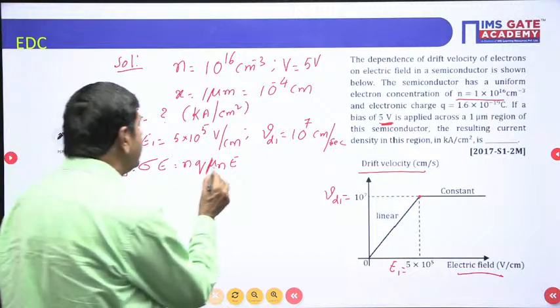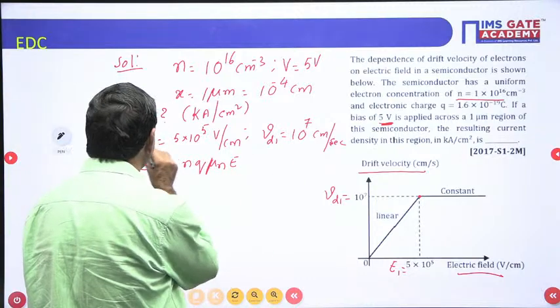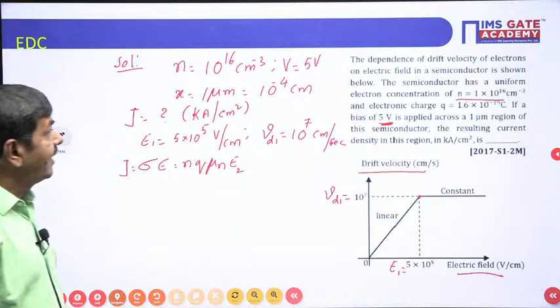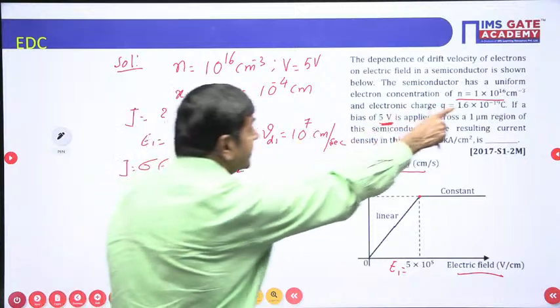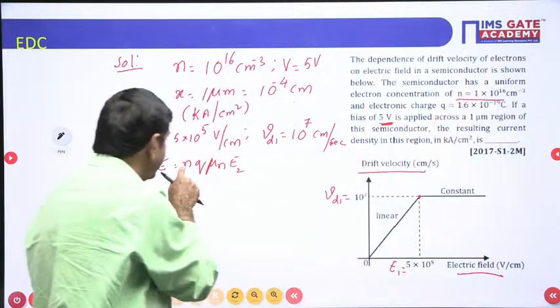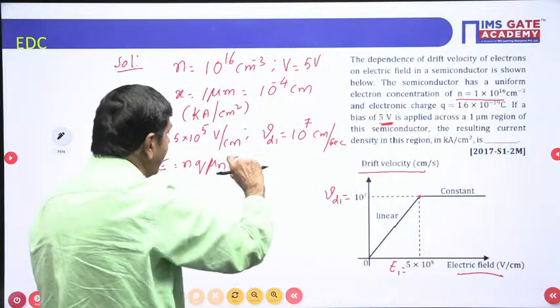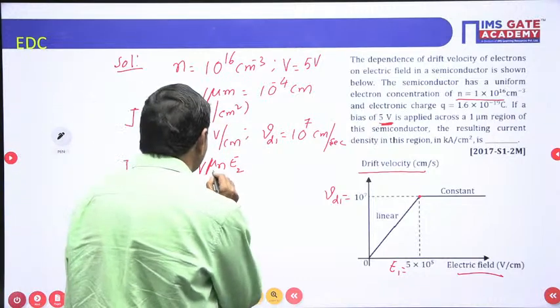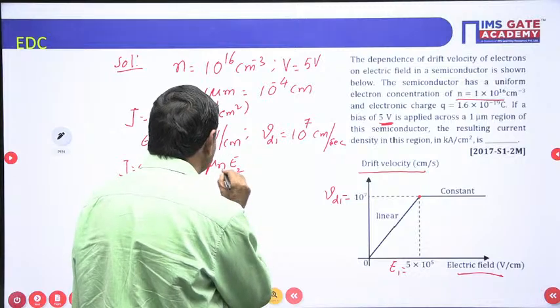But mu N into E is nothing but, E1 is already there, this intensity I will call E2. At the concentration of 10 power 16, the electric field intensity is E2 now. But mu n into E2 is nothing but drift velocity.